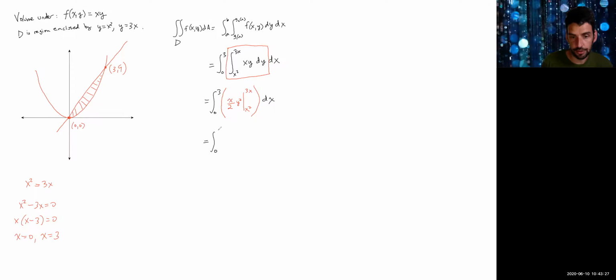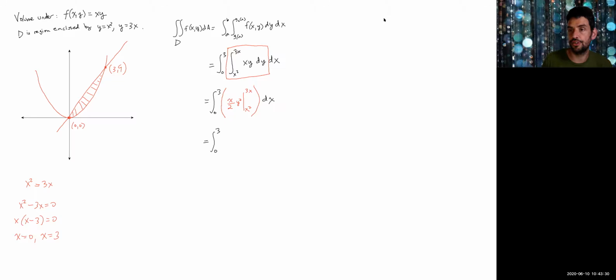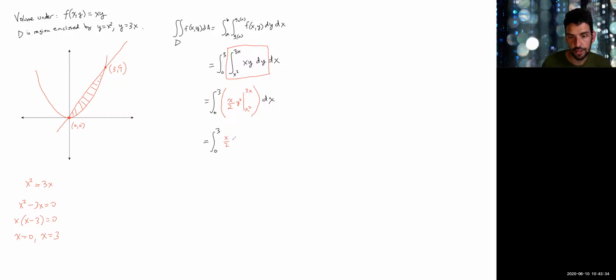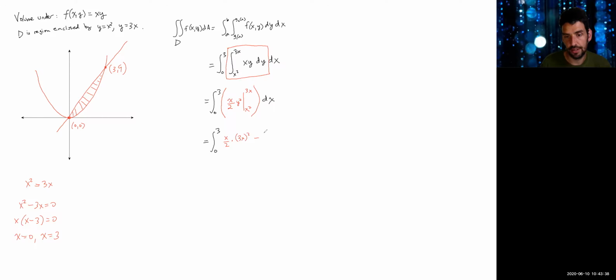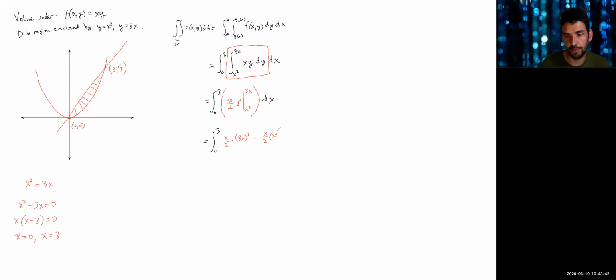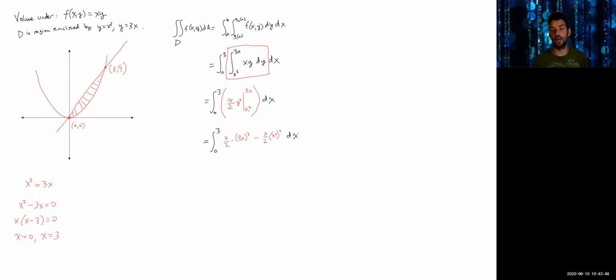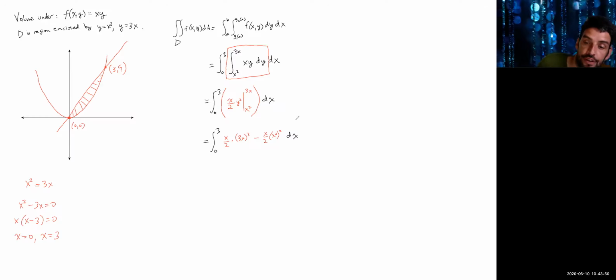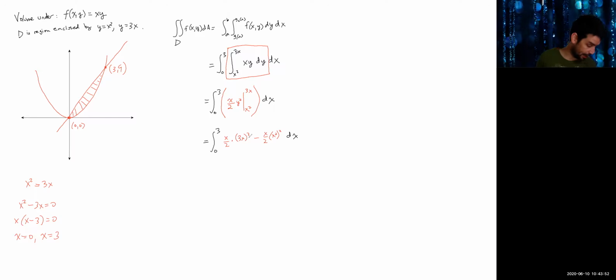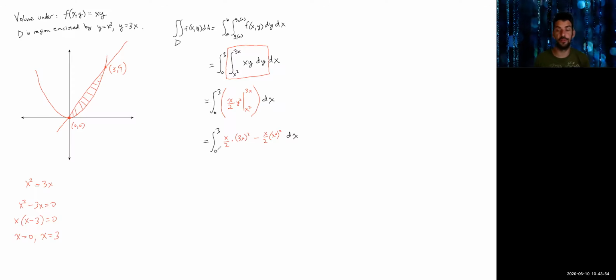All right, and then this evaluation is going to look like x over 2 times 3x squared minus x over 2 times x squared squared dx. All right, and so now we're just looking at a function of x evaluated from 0 to 3.